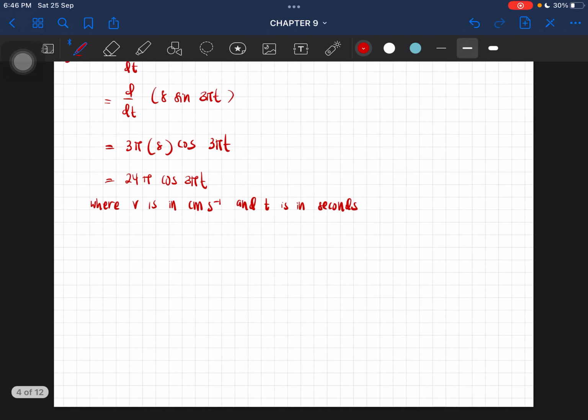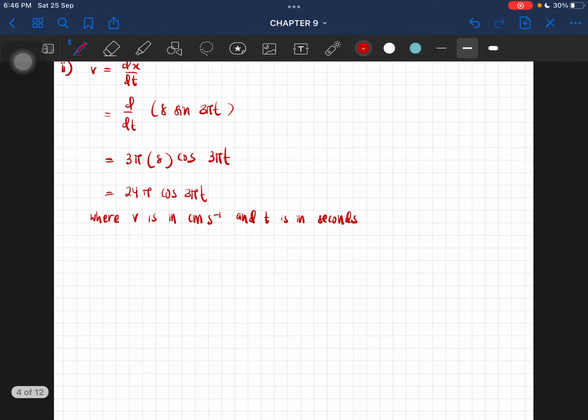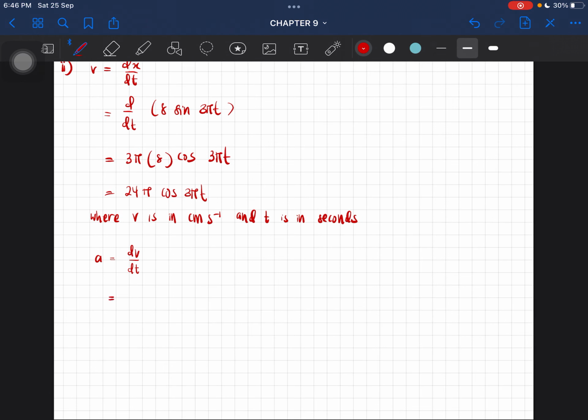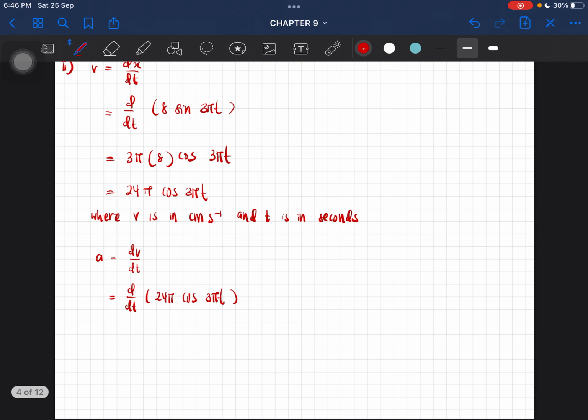Then we need to do it for acceleration. So acceleration is the rate of change of velocity, dv over dt. V is 24 pi cos 3 pi t. So we differentiate this and get 3 pi times 24 pi. Differentiating cos, we get a negative, so negative sin 3 pi t.